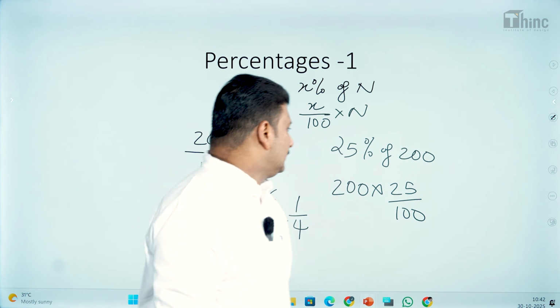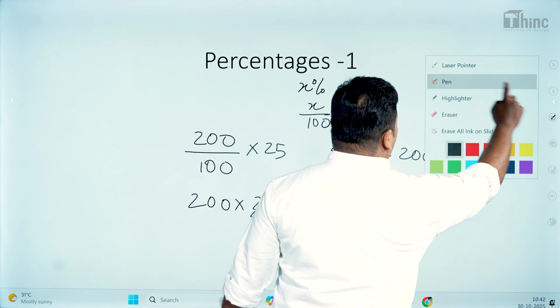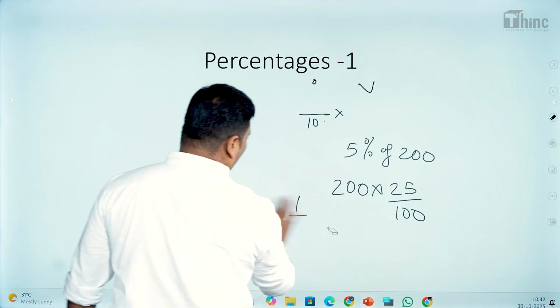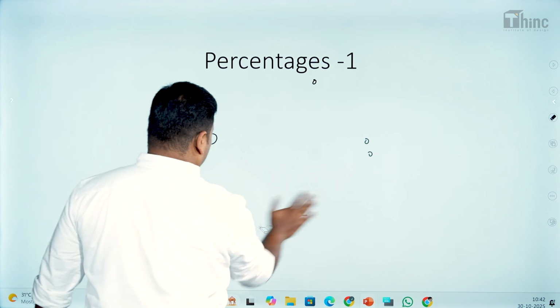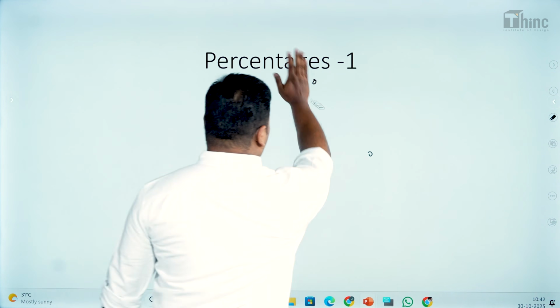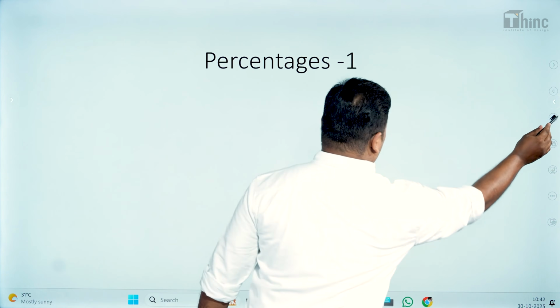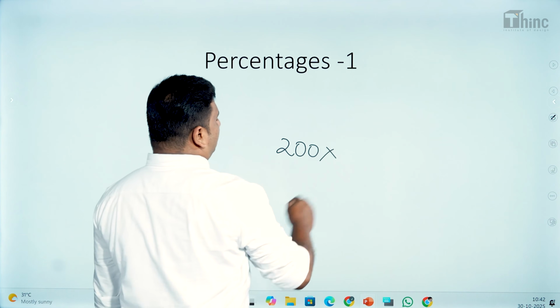Okay, so let's say I need to find 50% of a number. Let's see how we can do this. I need 50% of, let's say, 200. All I need to do is multiply 200 with 50 by 100.